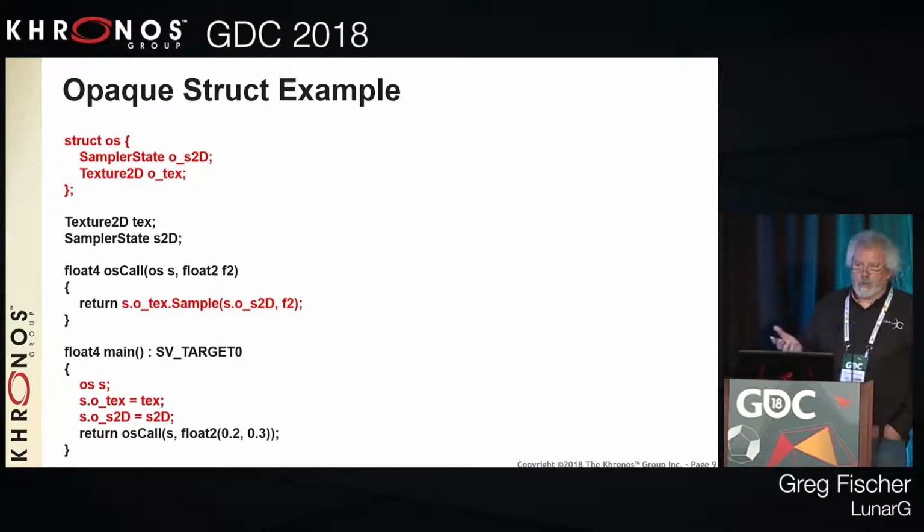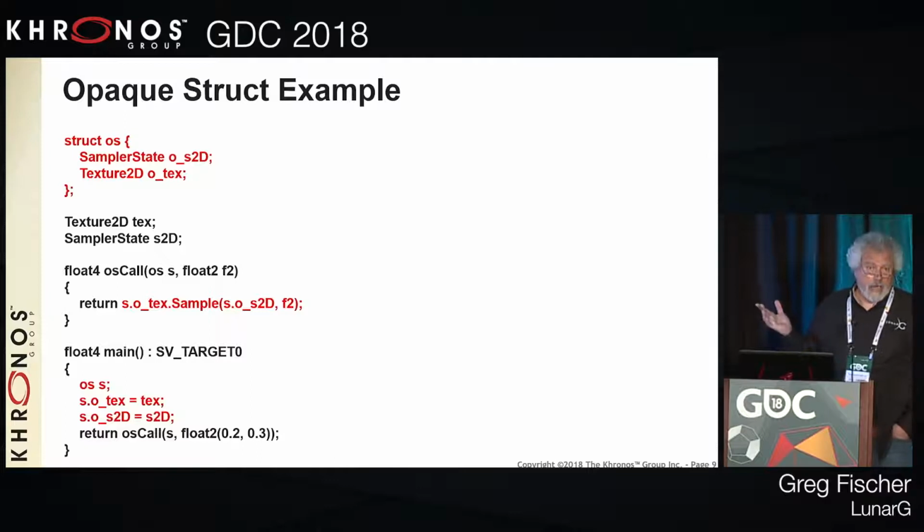One of the constructs is structures that contain opaque types, samplers, textures. So here's an example of that. This pattern is fairly common in different shaders, where a sampler or texture is assigned into a structure.